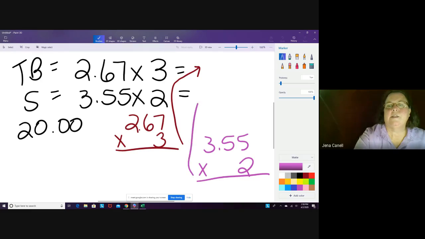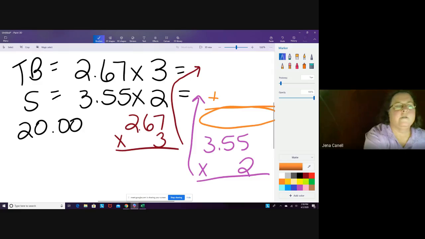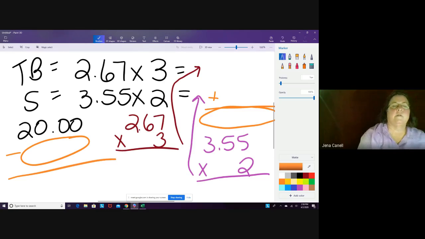We're going to put that answer right here. We are going to add those together. This answer is then subtracted from $20. And that is how you're going to find your answer.